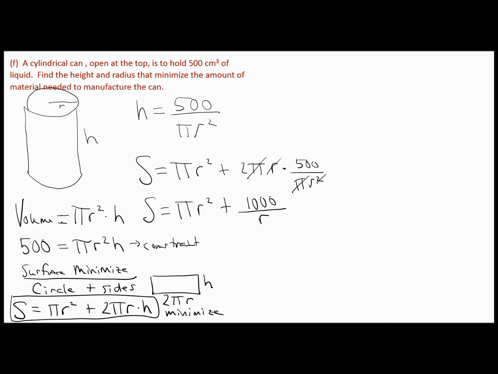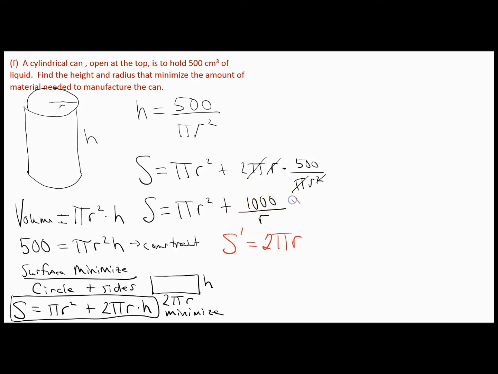Now, what do I have to do next? I have to take the derivative to find my critical numbers. So I'm going to take the derivative of surface area with respect to r, because that's the only variable I have remaining. So S prime is equal to, I take the derivative of pi r squared, that's going to be 2 pi r. And I take the derivative of 1,000 over r.